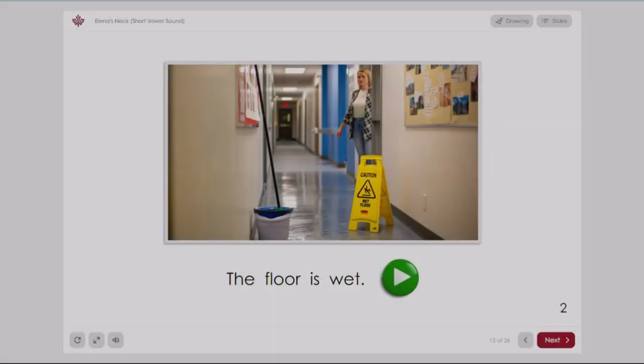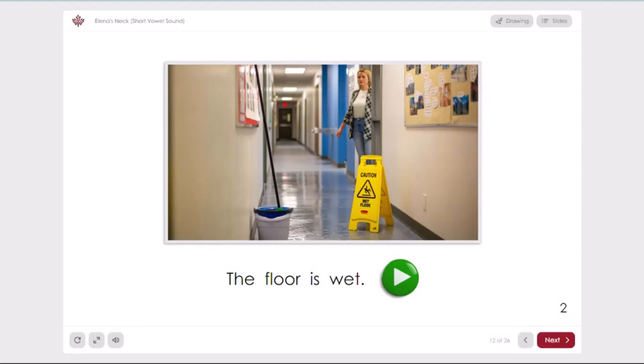Now that you have listened to the book, you can focus on reading the story. To start, you could choral read all together, with everyone reading and rereading each sentence together. Depending on the level of your class, you could model thinking out loud to solve unknown words. For example, the floor is... I don't know this word. What could I do? I could look at the picture.